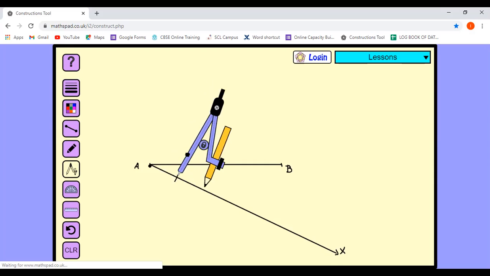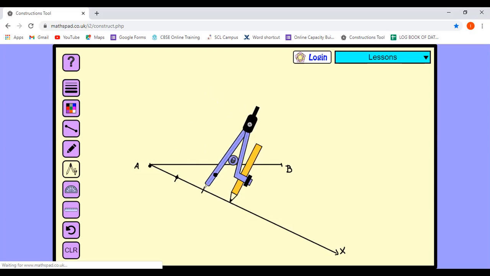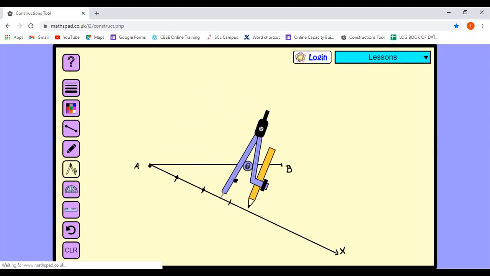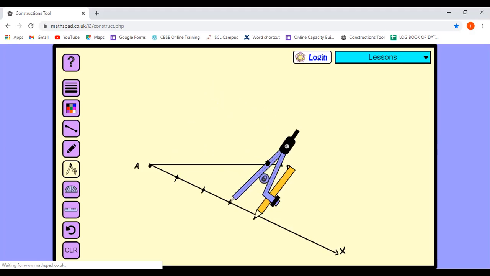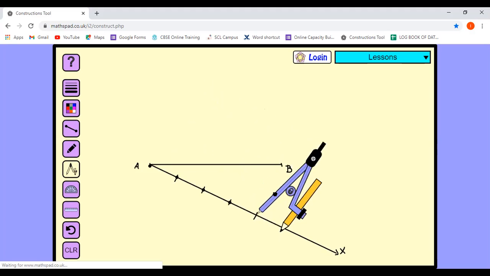And then we'll keep it over here. Make the second arc 2. Again 3. Same way we'll continue. 4. And finally it is 5.